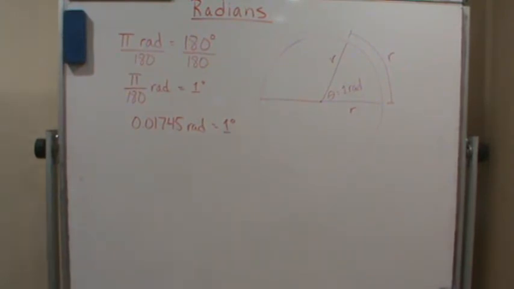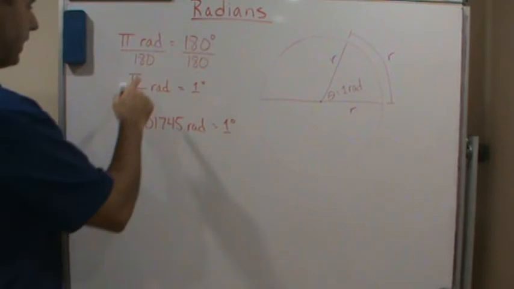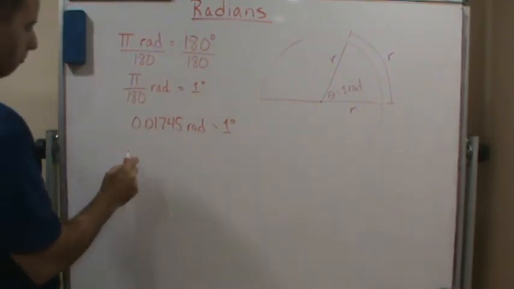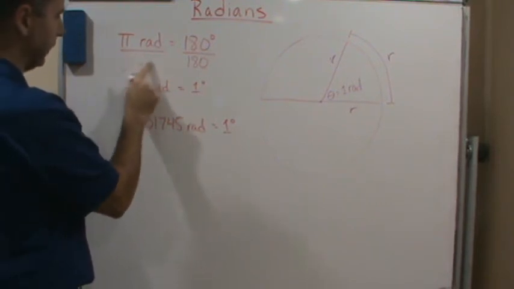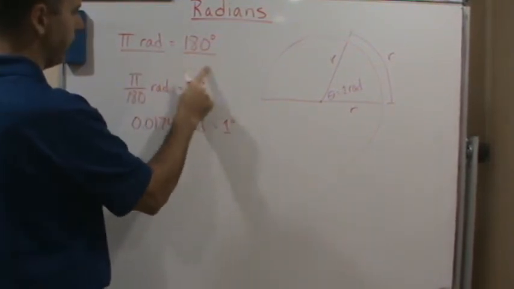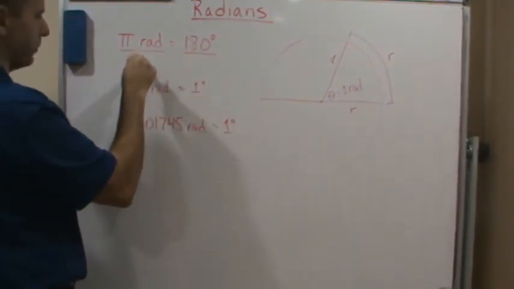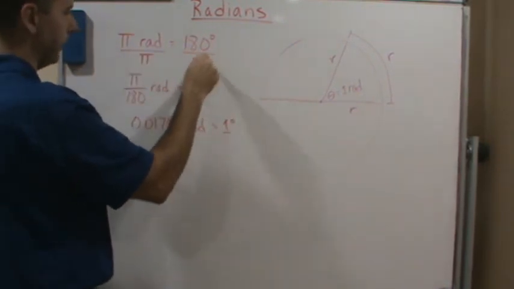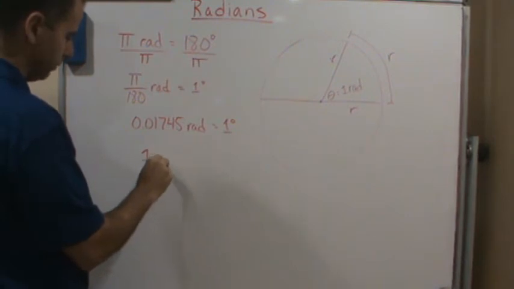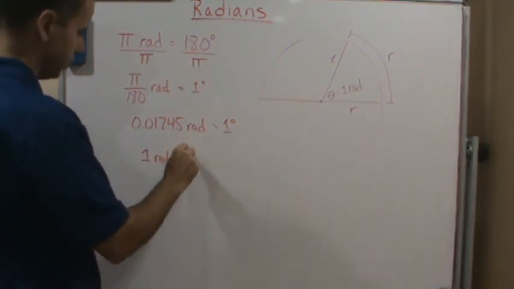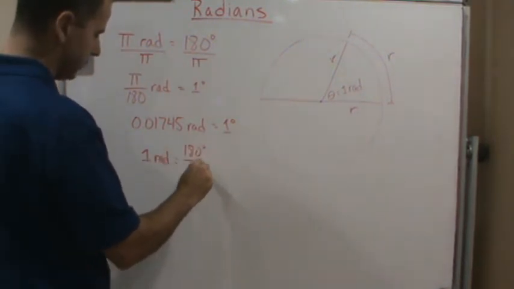Now, the other conversion factor: we could divide both sides by pi instead of dividing both sides by 180. If we do that, we get 1 radian is equal to 180 degrees over pi.